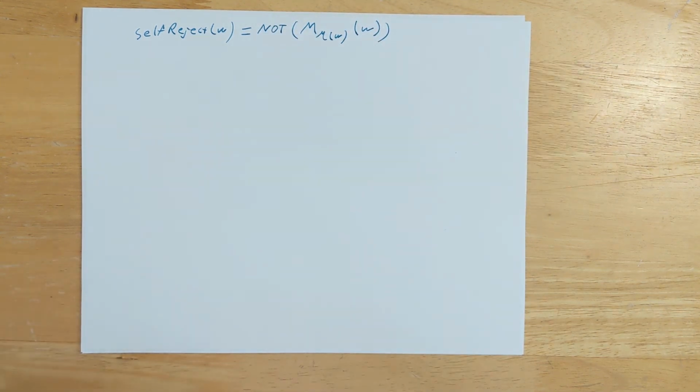So it's not the result of applying the machine W represents to W. That is the definition of self-reject.